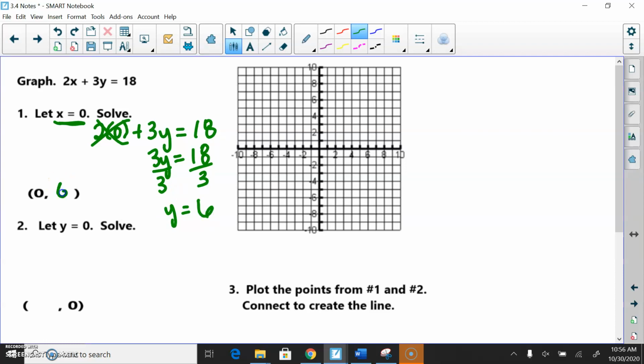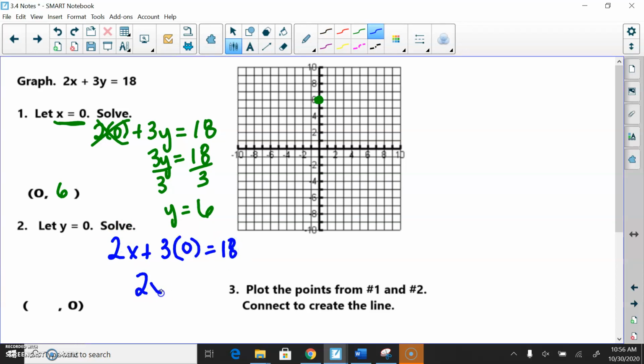So it's going to be (0, 6) for the y-intercept, which is right here on the y-axis, because that's what we solved for y. And we're going to do the same thing here. y equals 0 in the same equation. So remember the y term goes away. So we have 2x plus 3 times 0 equals 18.